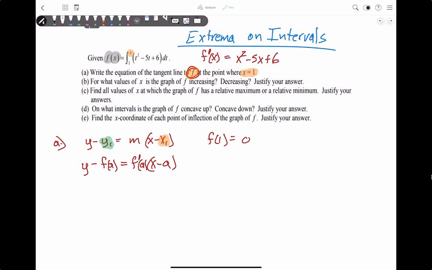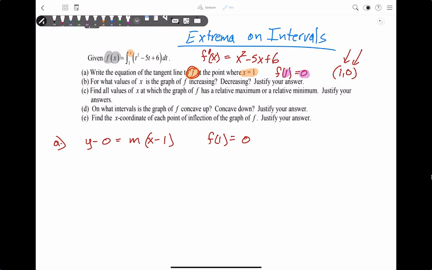So f of 1 is equal to 0, aka the point that I just found: input is 1, output is 0. So we have (1, 0) as our point. Let me go ahead and write that over here. Where x1 is at, we're now going to put 1, and where y1 is at, we're going to put 0. So x minus 1, y minus 0.